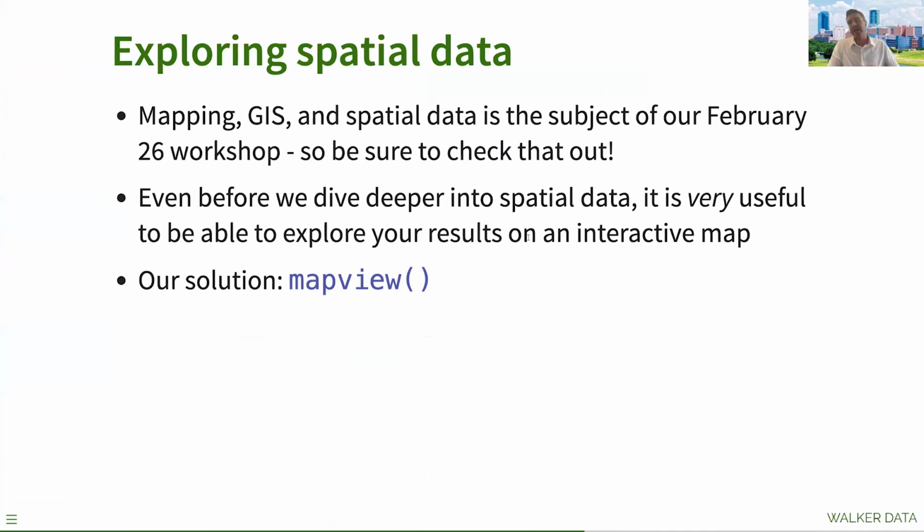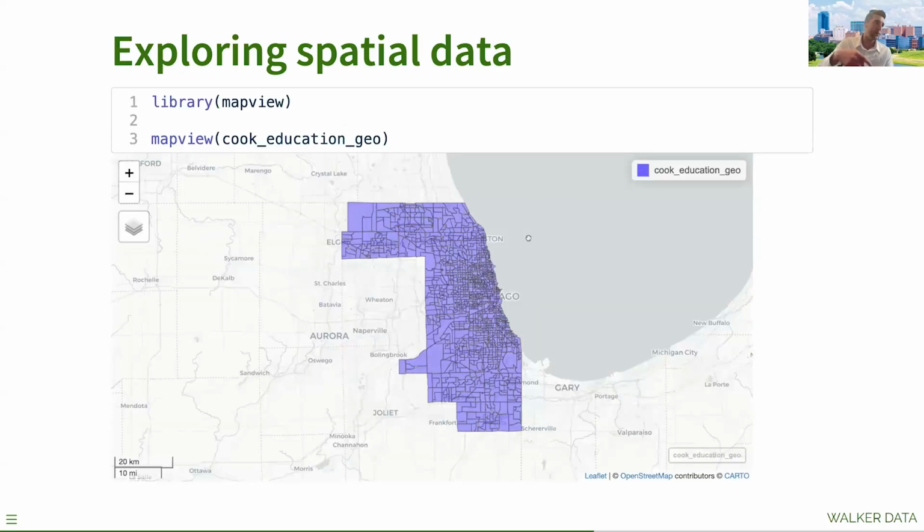The handiest way to quickly visualize data spatially is with the mapview package. The mapview package is a simple, well, it's not a simple package, but it makes it simple for you. It is a spatial data viewer for R. And all you have to do is say mapview this. Once you do that, you get an interactive map that looks like this.